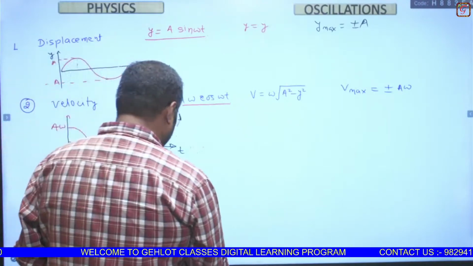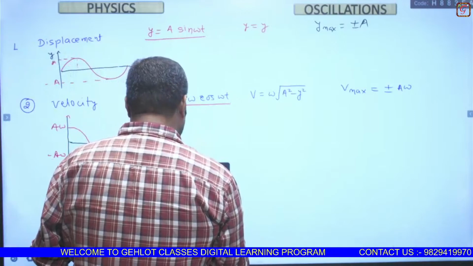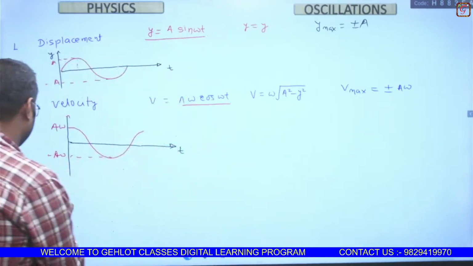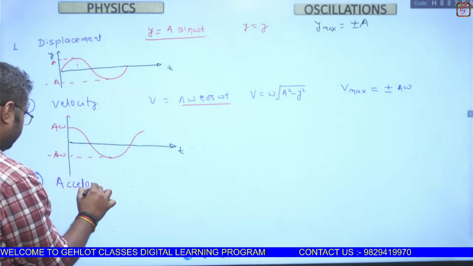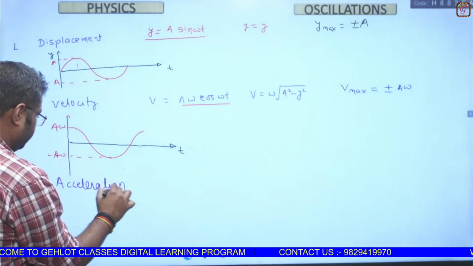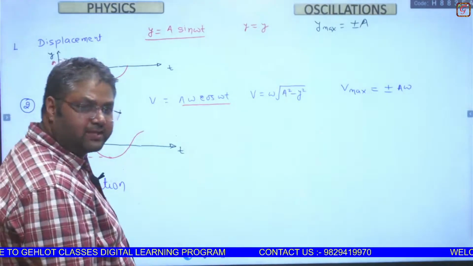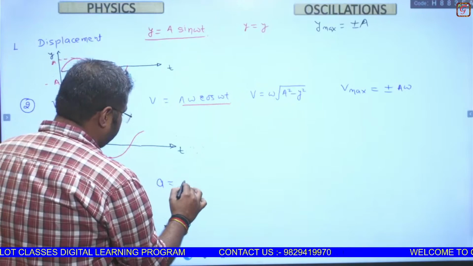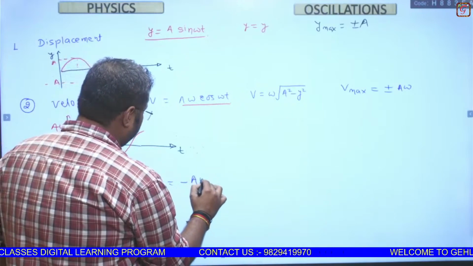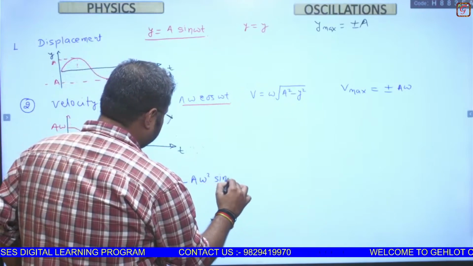Now we are going to draw the third term, the term of acceleration. Acceleration can be written as a = minus a omega square sin omega t.